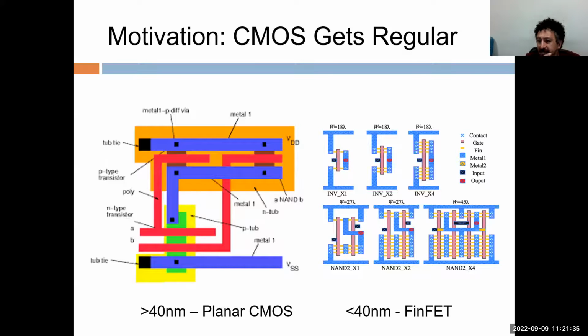Another motivation, as I started to explain. I told you that, for example, from 2L to L, you have 2x improvement in 1 dimension, 4x area improvement in 2 dimensions. But it is not like this, because the layout rules or fabrication rules are quite strict when you are getting under 40 nanometer.